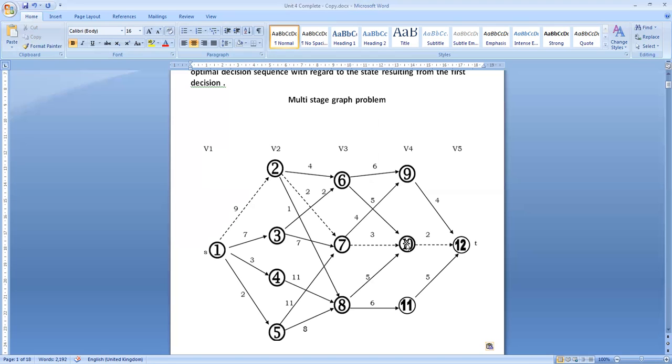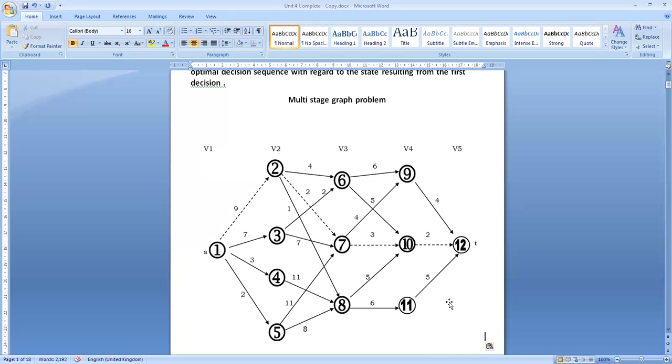So, how many decisions are you taking? Here one decision, from here to here one, two, then here three. So three decisions were taken to reach from vertex 1 to vertex 12. So what does it mean? Supposing a multi-stage graph is made up of k stages, then the number of decisions to be taken to go from the first vertex to the last vertex is k minus 2.